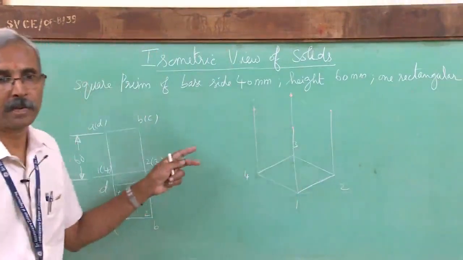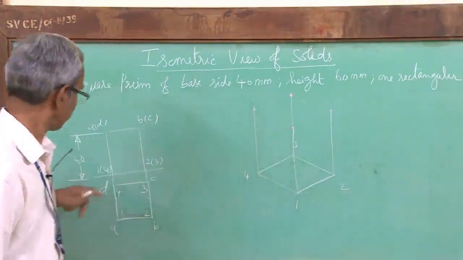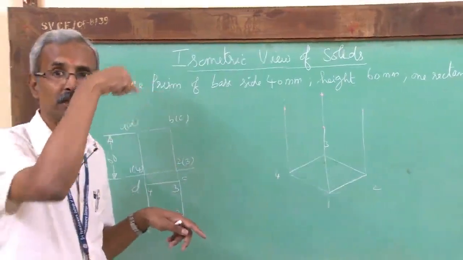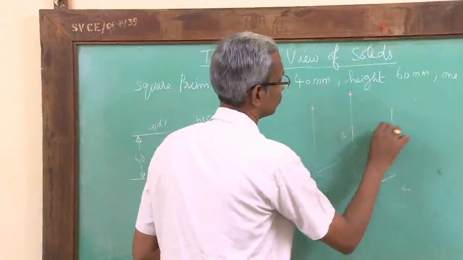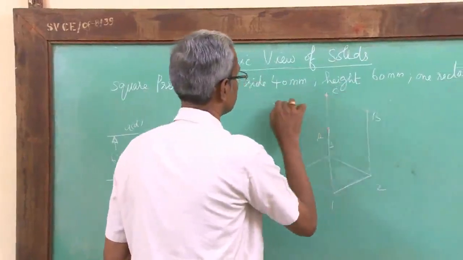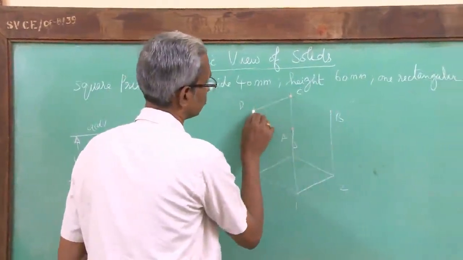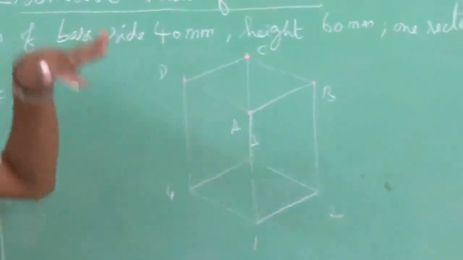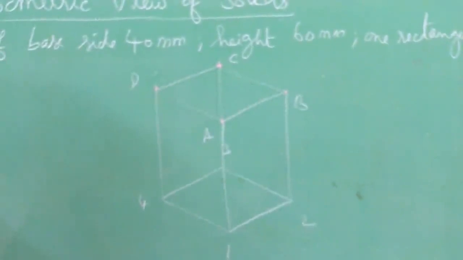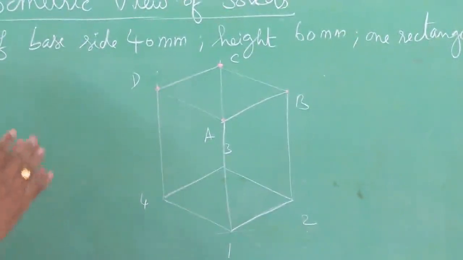So we got 4 points, and those points will be your A, B, C, D, which are the top 4 corners. When you join them, you will get the top face of the square prism. Now for the final answer, the edges that will be visible, you darken them, and that will be your final answer.